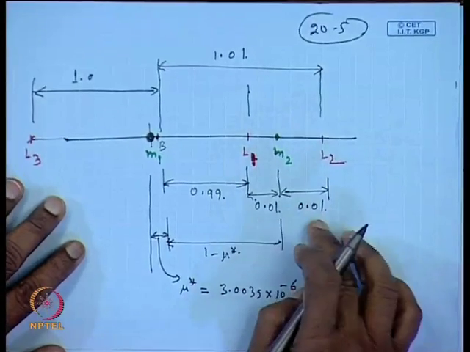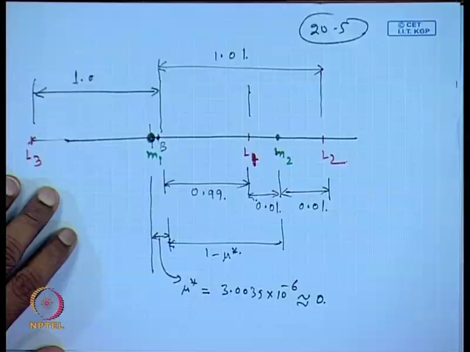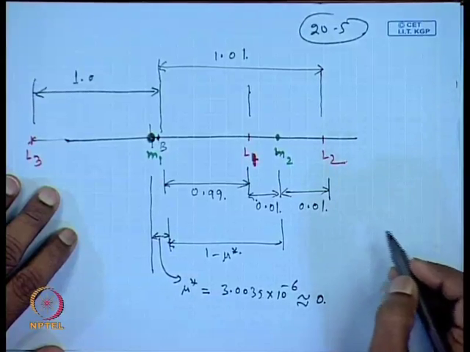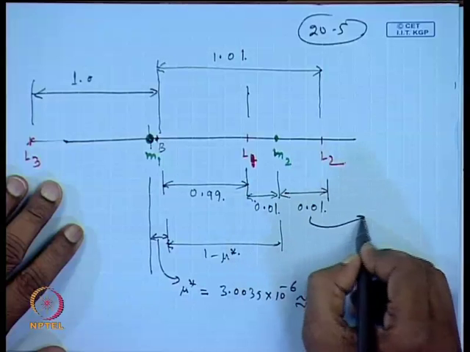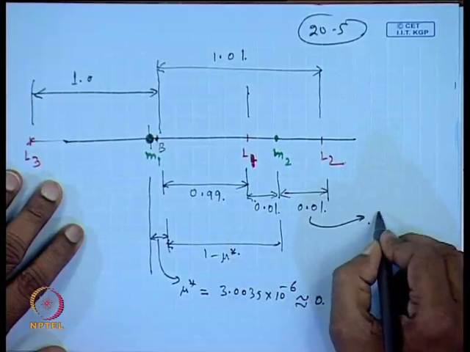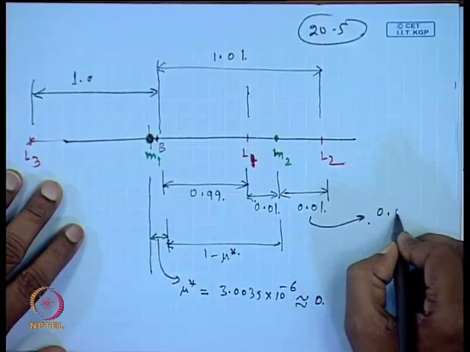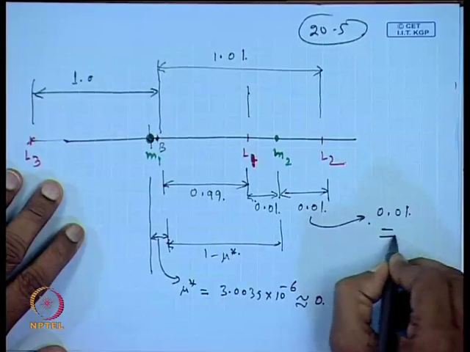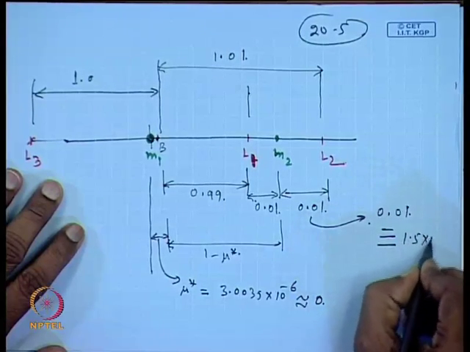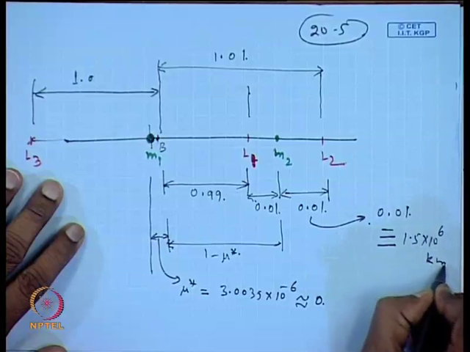Okay. Now, these are the distances in canonical units, or on the normalized scale, and you can expand it to the original scale. So, if you expand it to the original scale, this 0.01 will be equivalent to 1.5 times 10 to the power 6 kilometers.